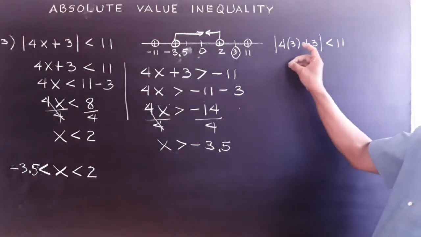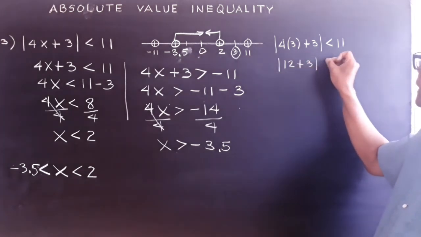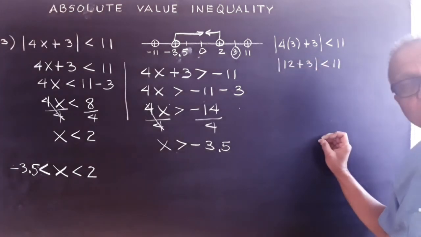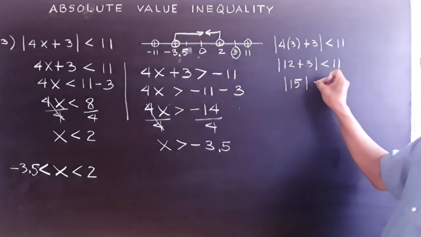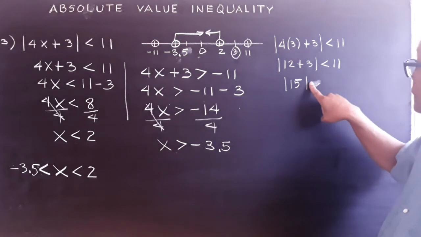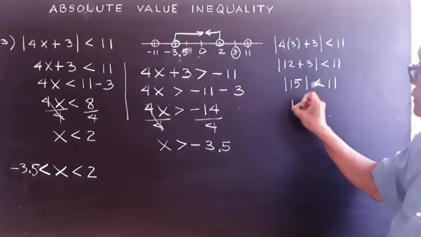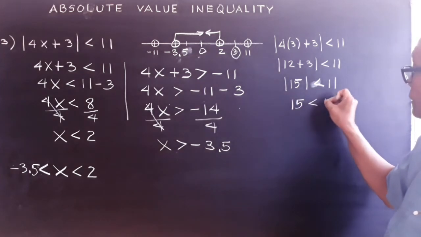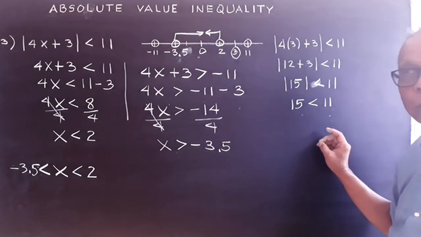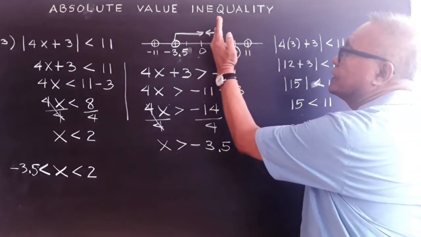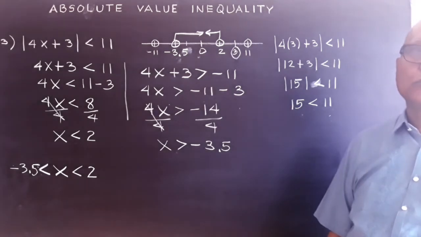So 4 times 3 is 12 plus 3, so 12 plus 3 is 15 absolute. But 15 is 15. Is 15 less than 11? No. So really, from the right of positive 2, they are not included in our solution.